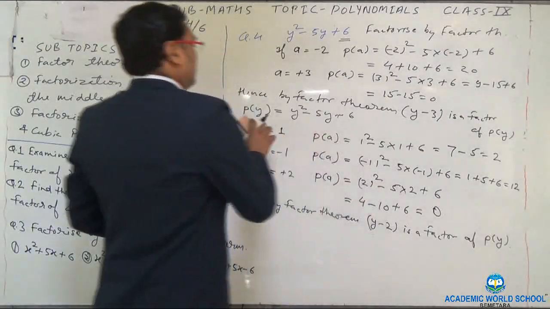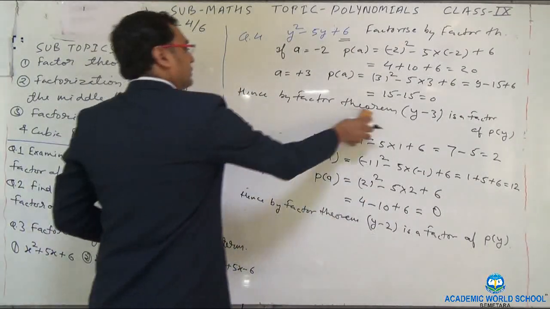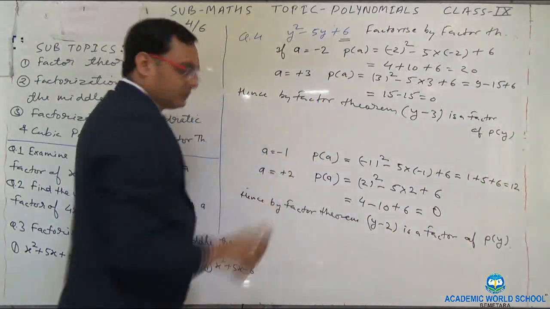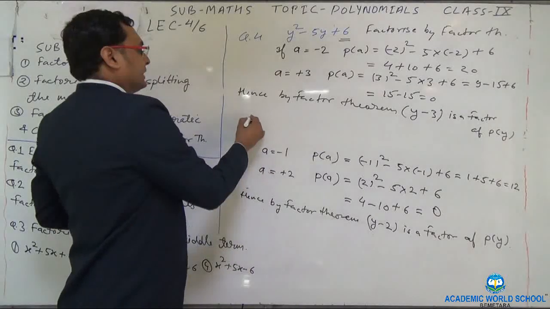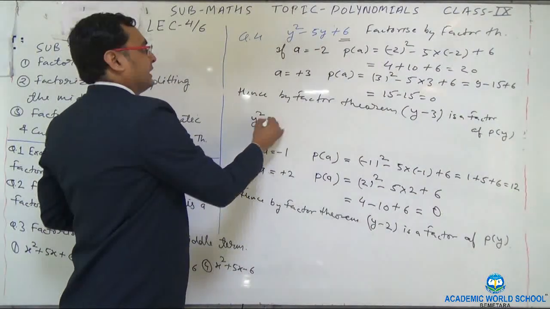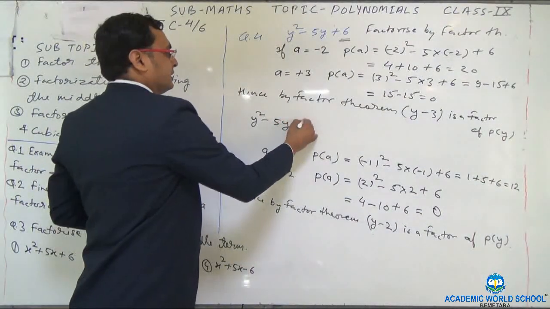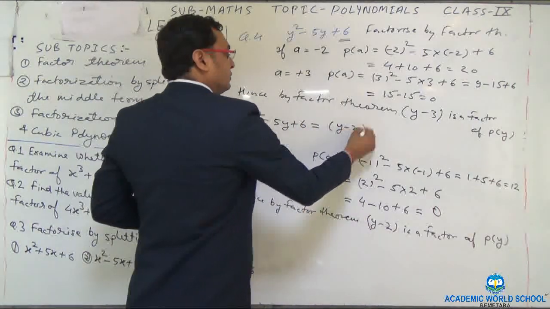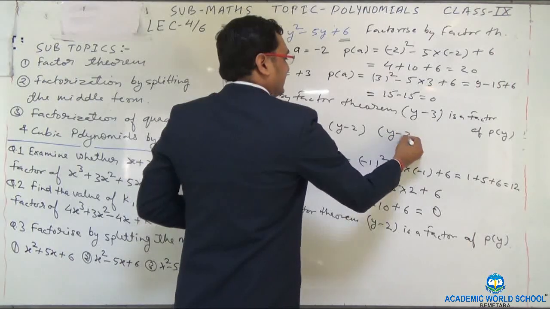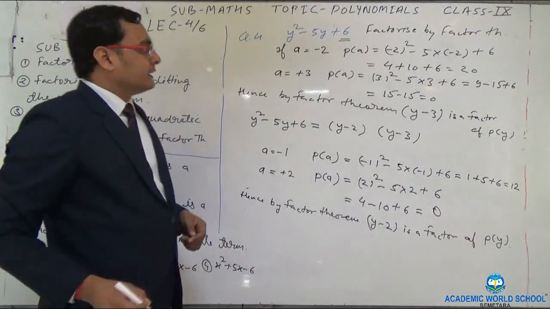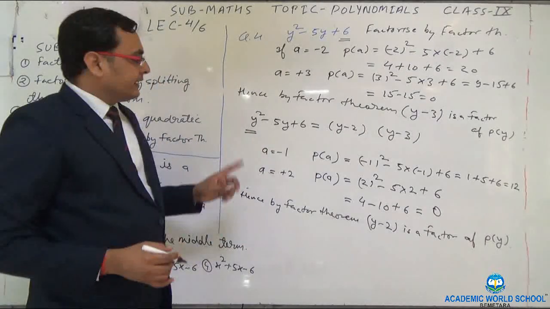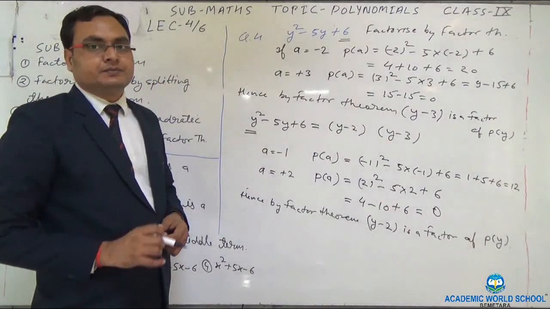So we will write here both the factors that we got using factor theorem. So you will get y square minus 5y plus 6 is equal to, first factor is y minus 2 and second factor is y minus 3. Remember here this term must have coefficient as 1.